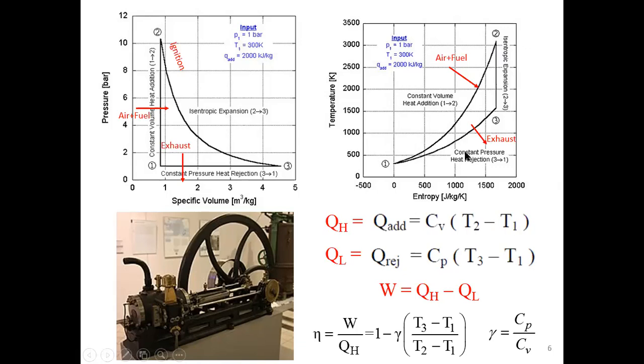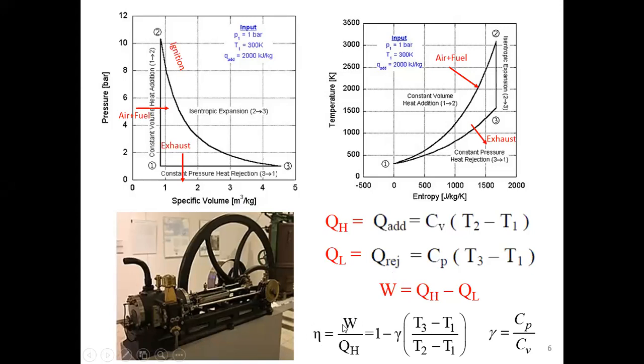The amount of heat released in the exhaust is represented by QL, the heat rejected. It happens at constant pressure, between these two temperatures, T3 minus T1. By these two expressions, we can determine the amount of work that comes out from the engine. How about the efficiency?